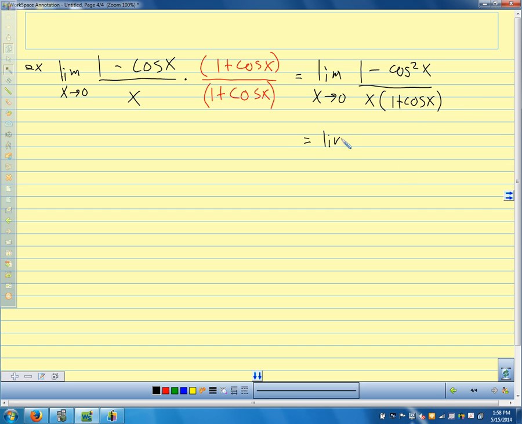And that's the limit as x approaches 0 of sine squared x over x times 1 plus cosine x. What's the sine of 0? 0. And I have a 0 over 0 again.